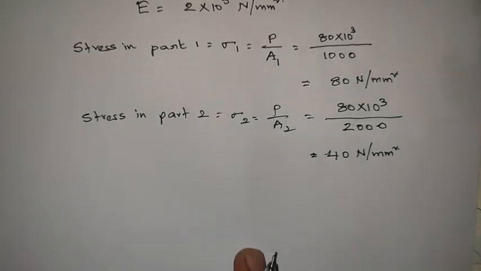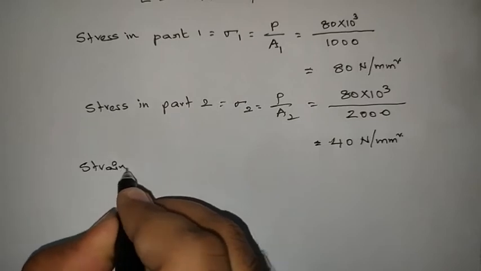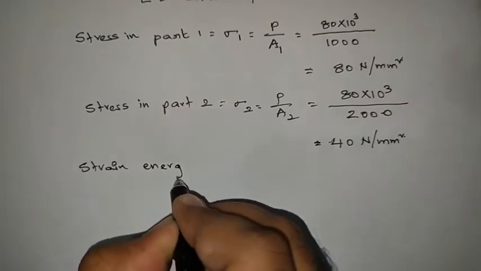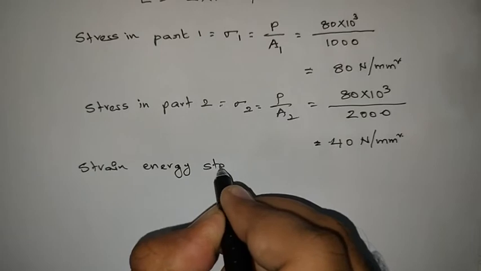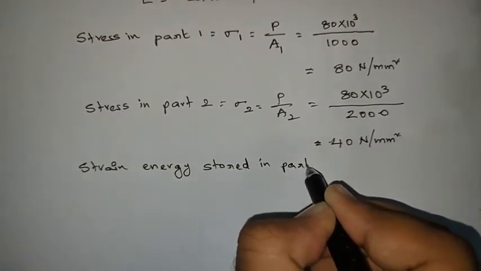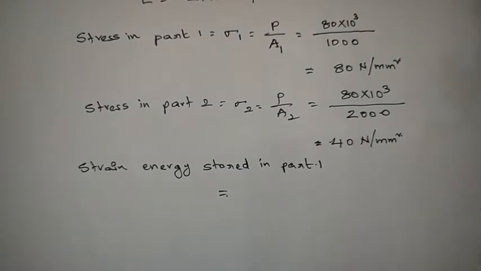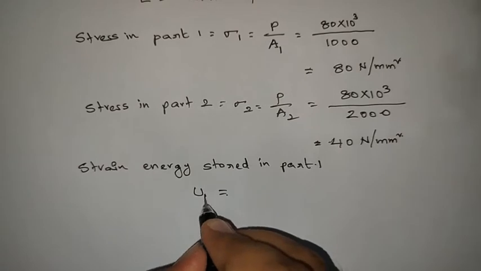Next, calculate the strain energy in part 1. What is the strain energy stored in part 1? That is U1.